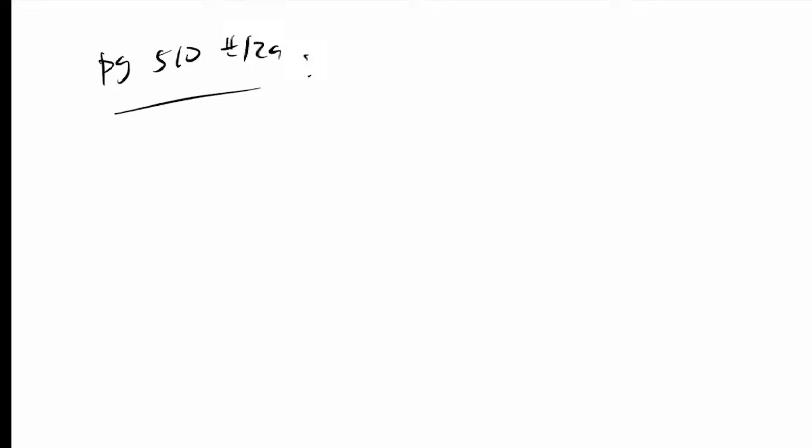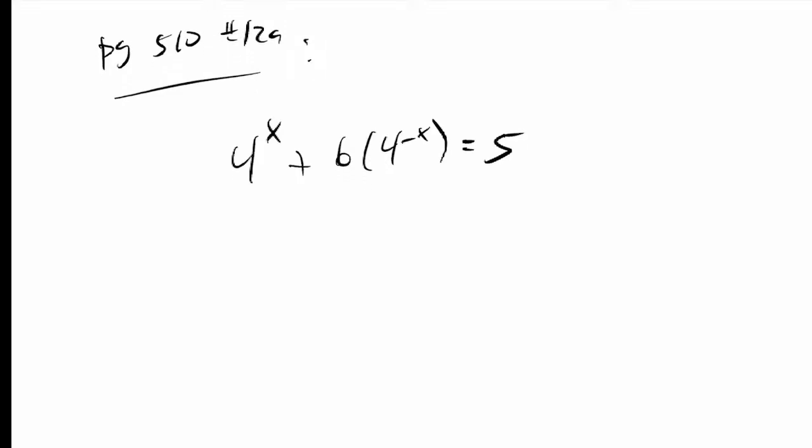All right, Michael, let's check this out. 12A. Yeah, Michael, this is one I was just talking about. If I want to solve this exponential equation, Michael, what you'd do is multiply across by 4 to the x.